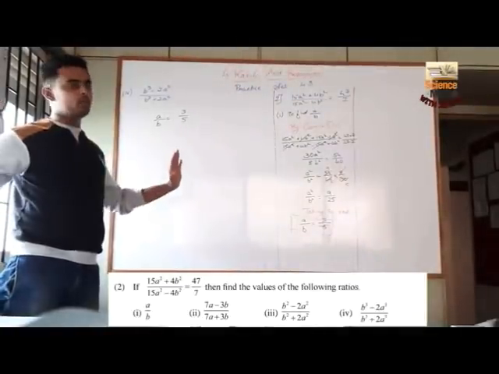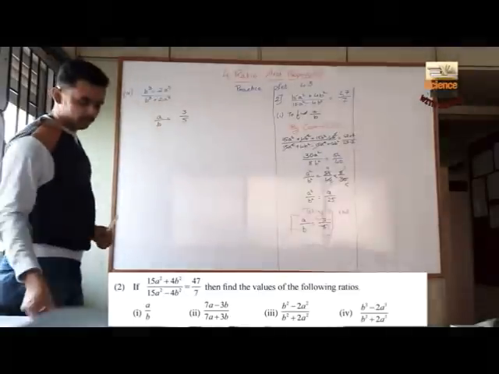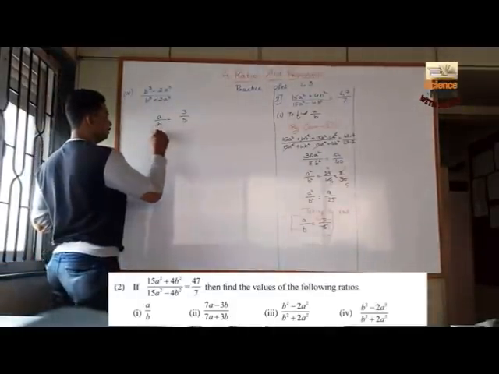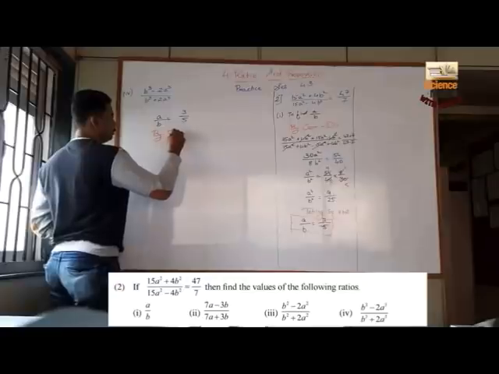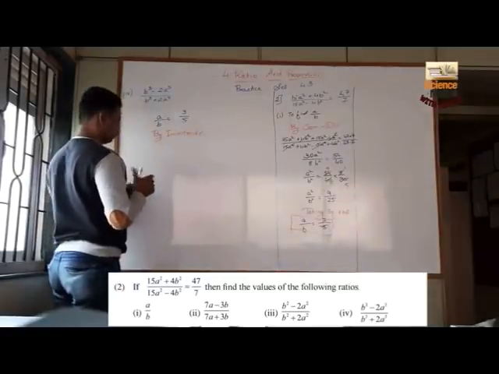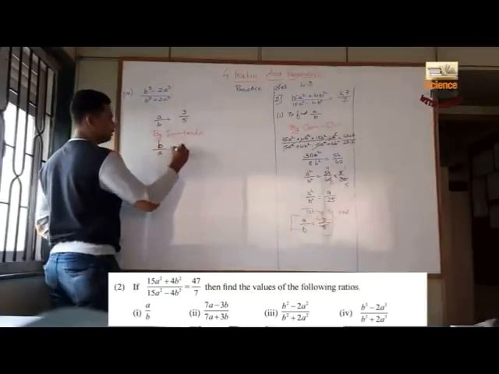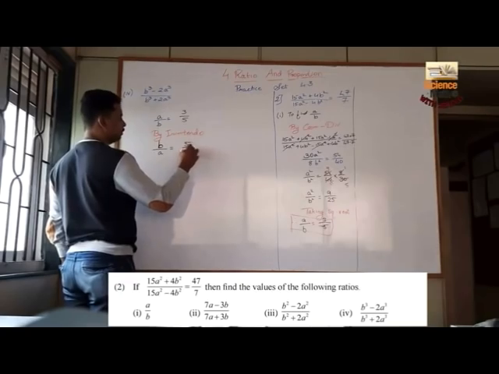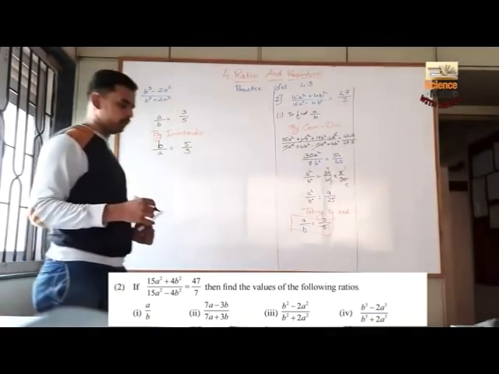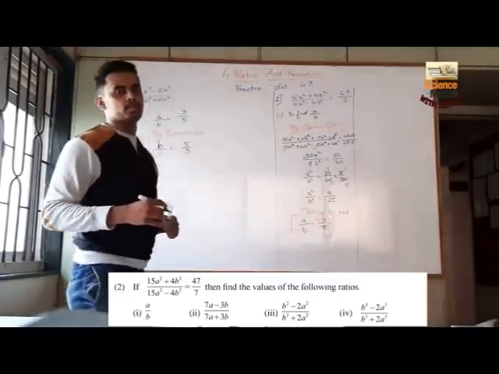First thing that we will do is I want b in the start, so b should be in the numerator. Therefore, by invertendo, b upon a is equal to 5 upon 3. I just inverted both the ratios in the given question.